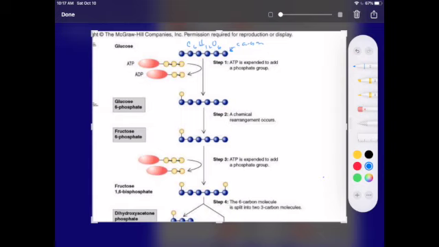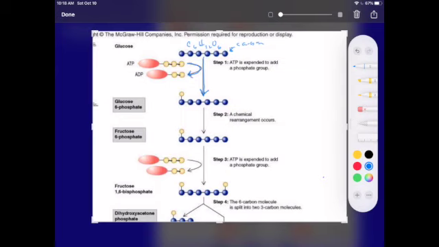You do not need to know the name of every single enzyme or intermediate. I'm not going to ask what this molecule is and have you say, oh, glucose 6-phosphate. No, don't need to do that. But check out this first step: it's a coupled reaction where ATP is becoming ADP.